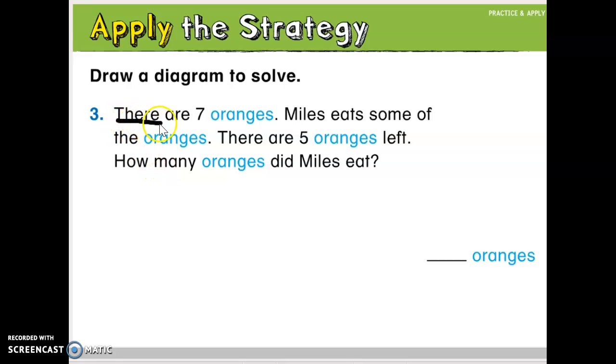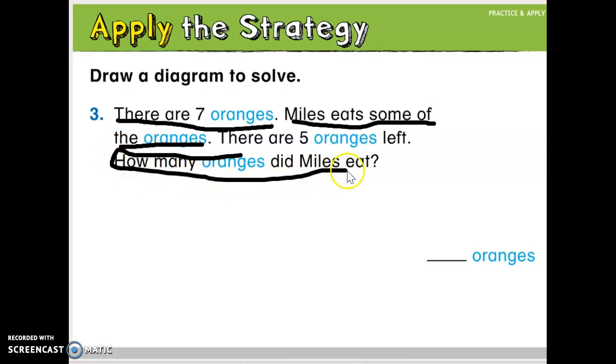We know there are 7 oranges. Then we know that he eats some of them, but we don't know how many. That's going to be the hard part, right? And we do know how many are left. So we want to find out how many oranges does he eat. So that's our question. All right, let's first go ahead and make a diagram of 7 oranges.